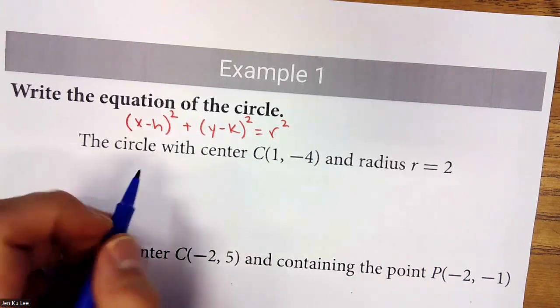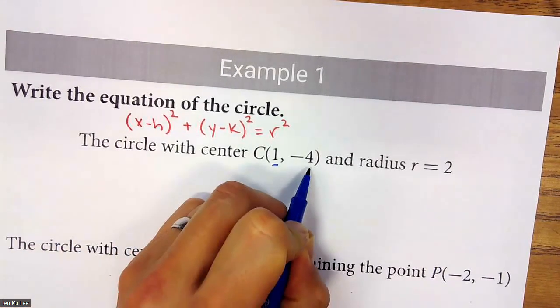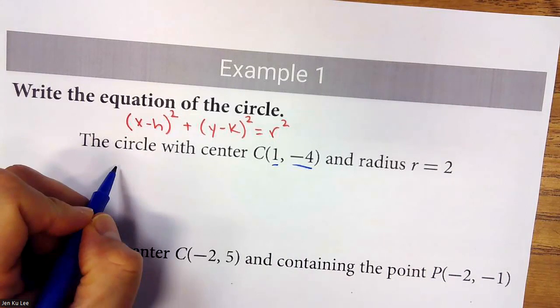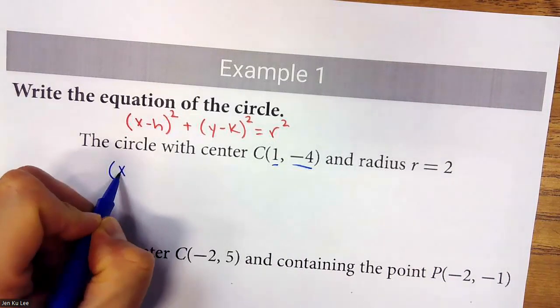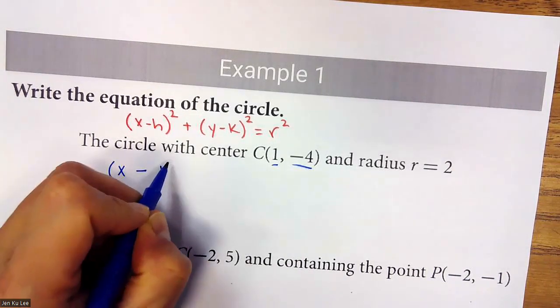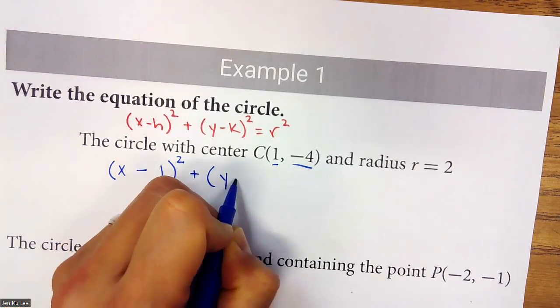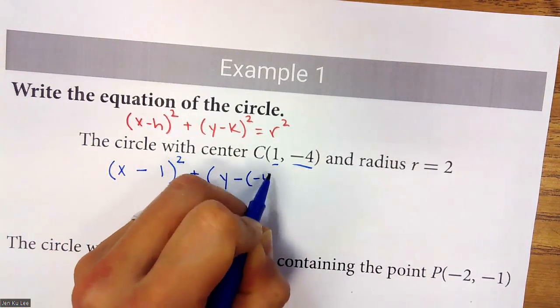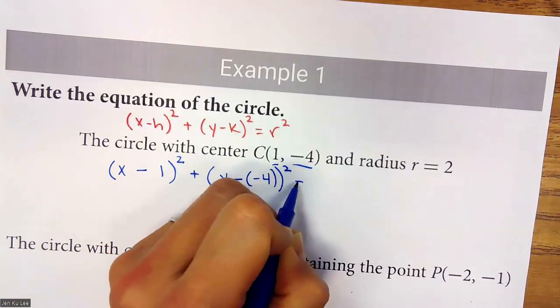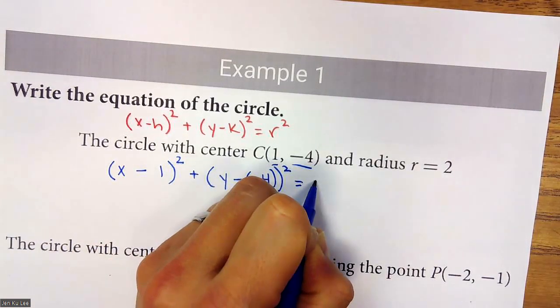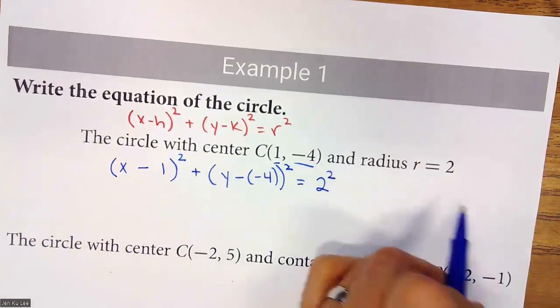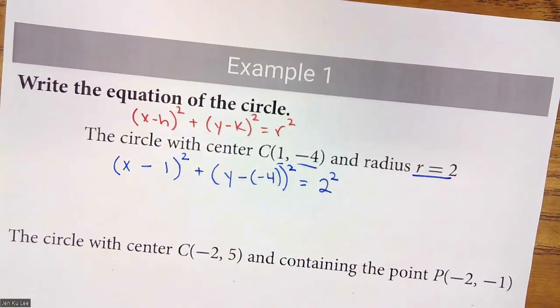All right. So if the center is at 1 comma -4, let me do this. X minus 1 quantity squared plus y minus -4 quantity squared equals, my r is 2, so 2 squared.